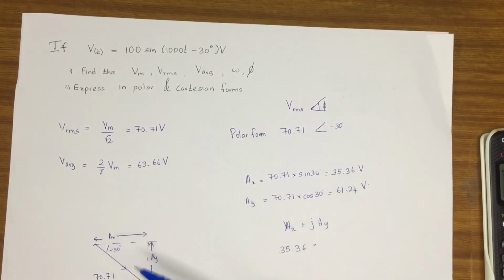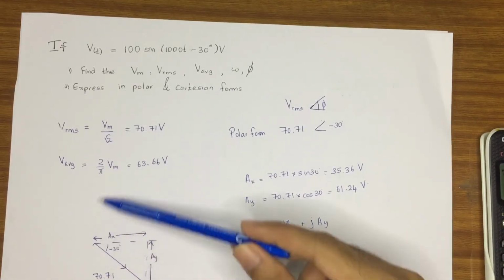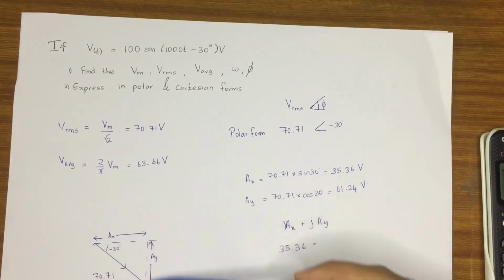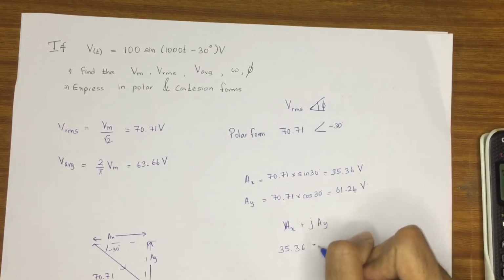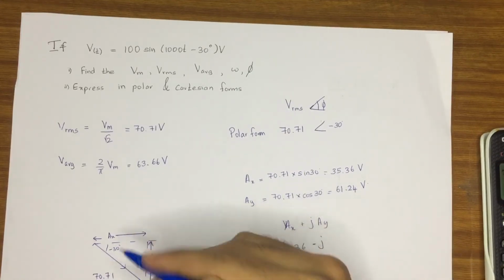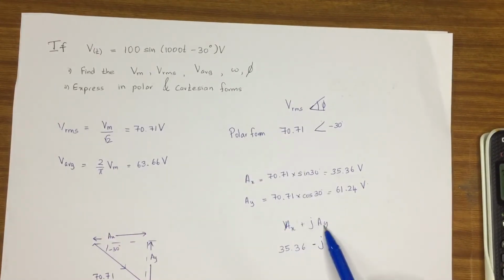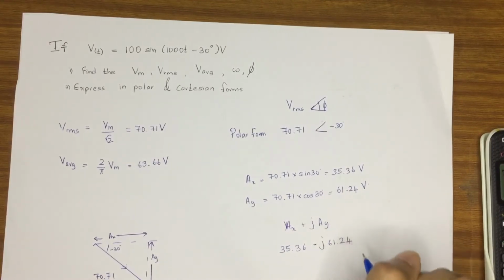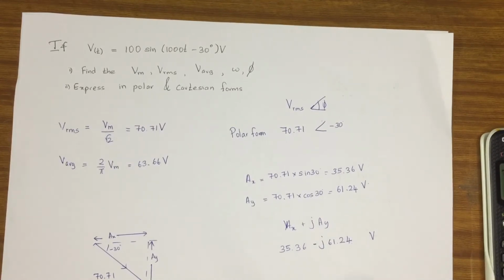Otherwise you can tell, if you are considering this as the x-axis and this as the y-axis, the y part is going to be in the negative direction, in the minus direction, so you need to always put this minus sign over here. So it's going to be minus j. The AY, j simply means it's in the y direction, and the AY is going to be 61.24 volts. So this is in the Cartesian form.